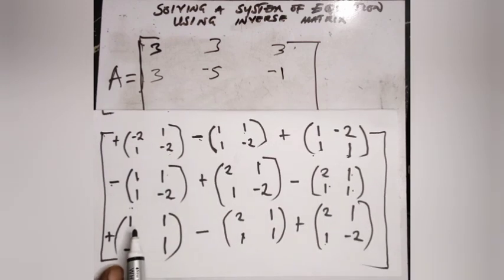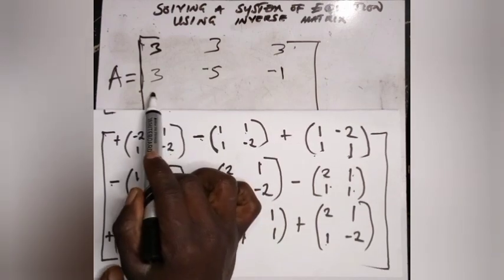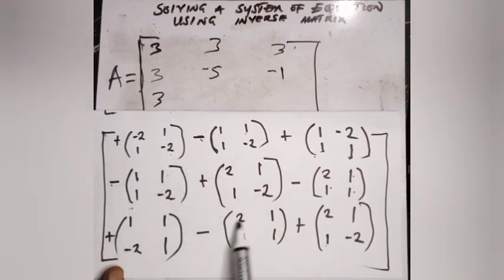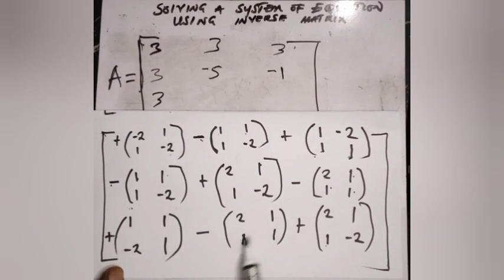Then here, 1 times 1, 1. -2 times 1, which is -2. Then negative times negative is positive. So 1 plus 2, which is 3 here. Then 2 times 1, which is 2, minus 1, which is 1.